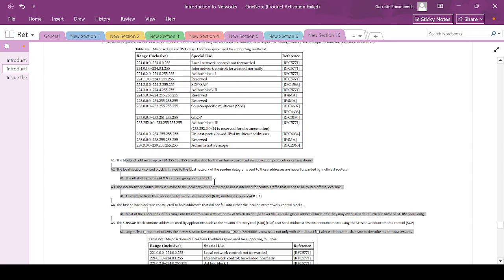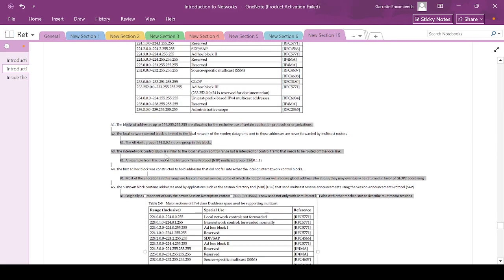is limited to the local network of the sender. Datagrams sent to those addresses are never forwarded by multicast routers. So datagrams sent to that are never forwarded. It is only limited to the local network of the sender. Again, we have sender and groups when it comes to multicast.